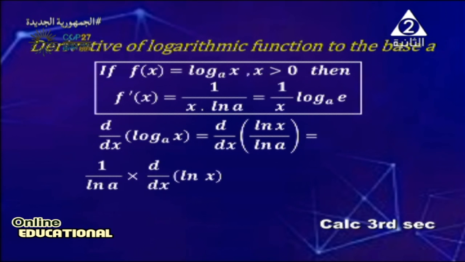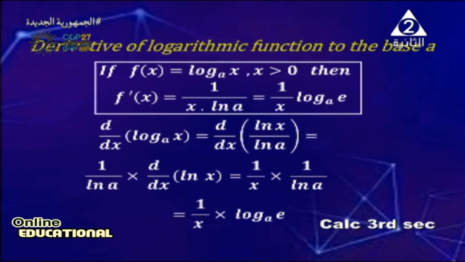Then the derivative equals 1 over ln a as a constant times the derivative of ln x with respect to x. The derivative of ln x with respect to x equals 1 over x. Then the derivative equals 1 over x multiply 1 over ln a, which can be written as 1 over x log e to the base a.